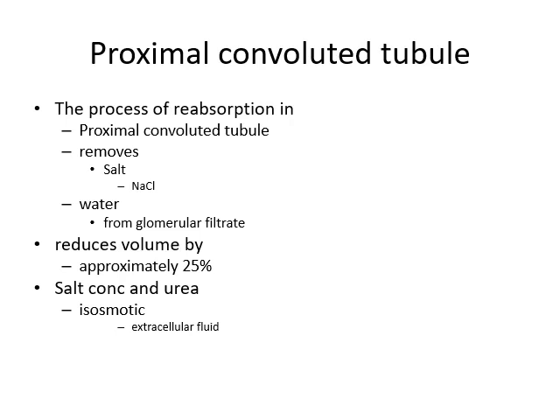It means that maximum water is absorbed here, and the salt concentration and urea are isotonic to the extracellular fluid, as the salt concentration in the Bowman filtrate and in the extracellular environment is the same, so water and salt can move in and out.